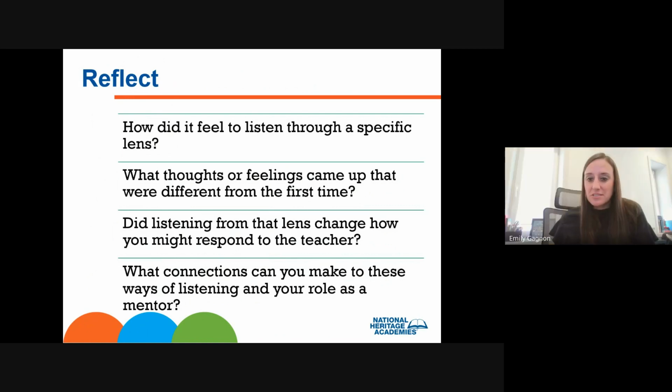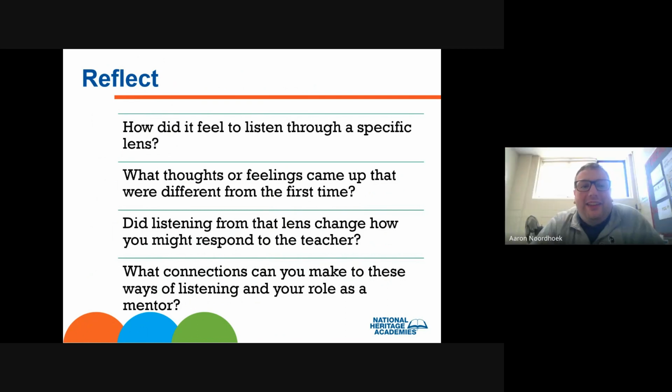Anyone else making those same connections, or did someone choose something different than pain or big picture, or the same? Big picture. I listened for possibility, which was kind of fun, just in the sense of hearing all of that emotion and how he feels about it.